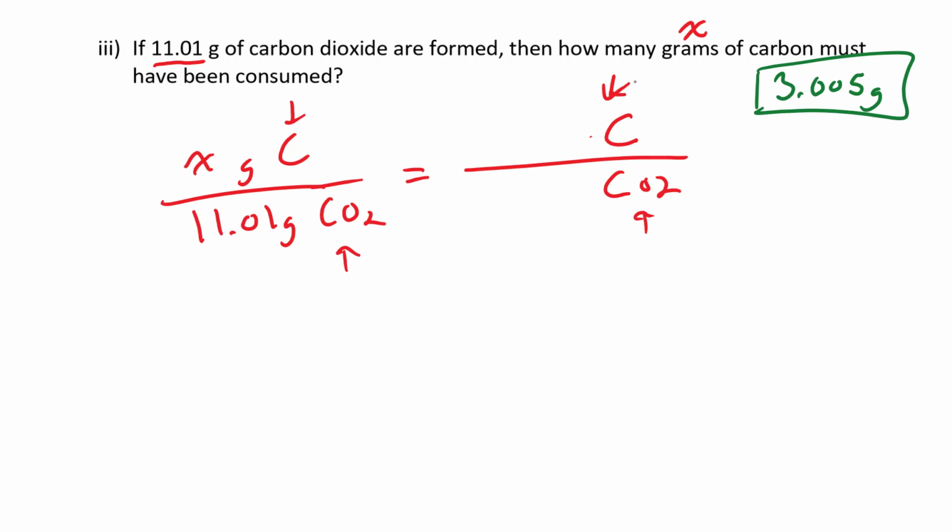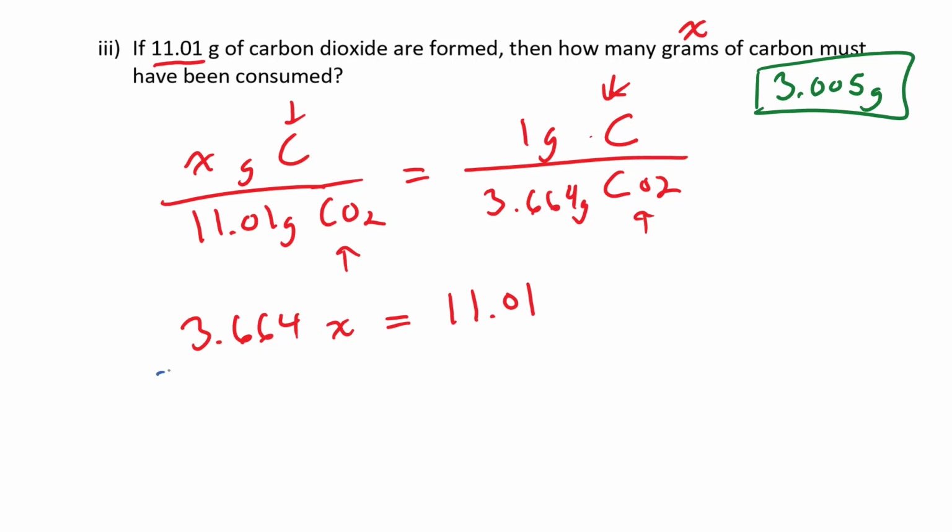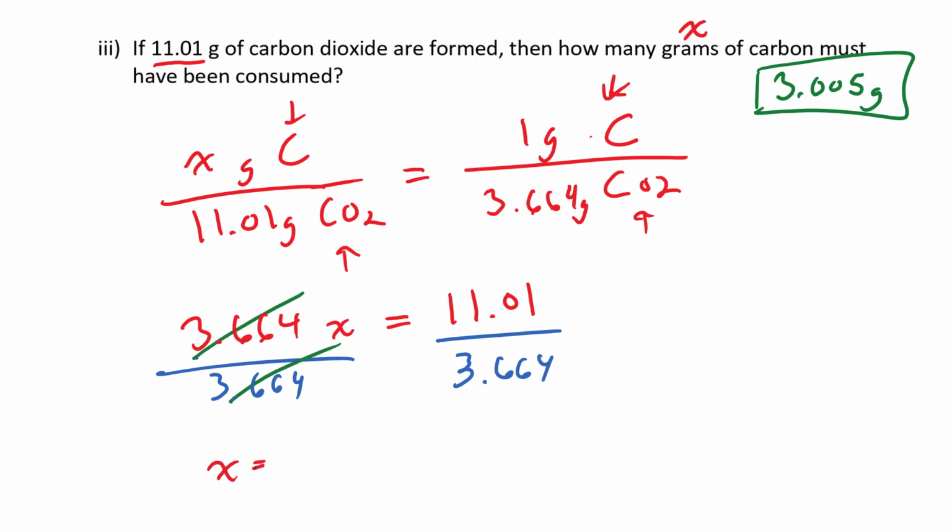And we know from up above, 1 gram of carbon makes 3.664 grams of carbon dioxide. We then cross multiply. 3.664x is equal to 11.01. And then we divide both sides by 3.664.